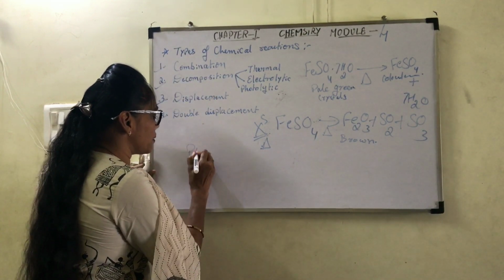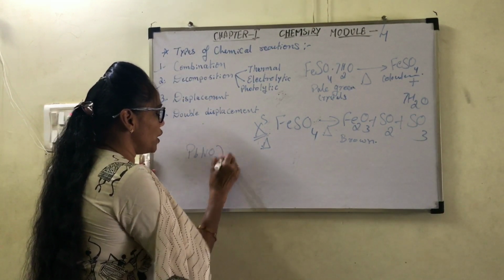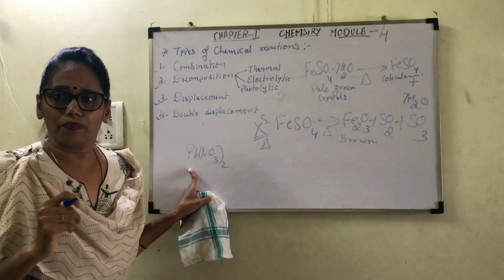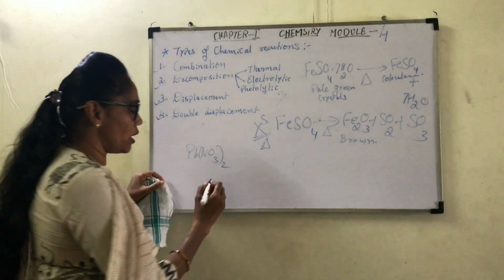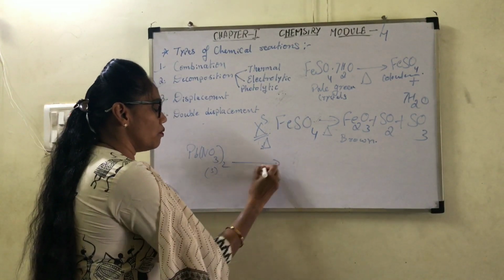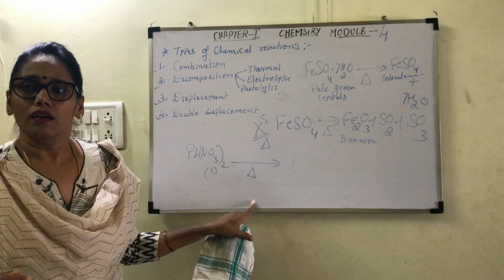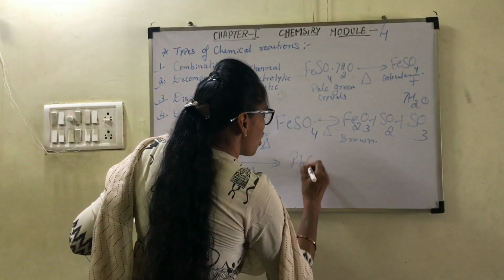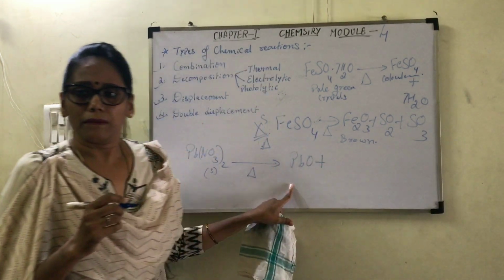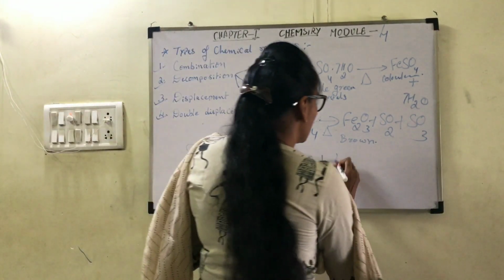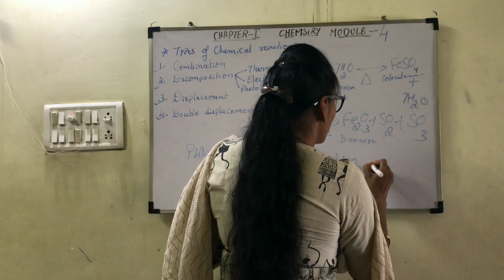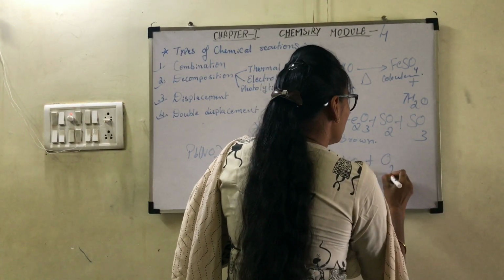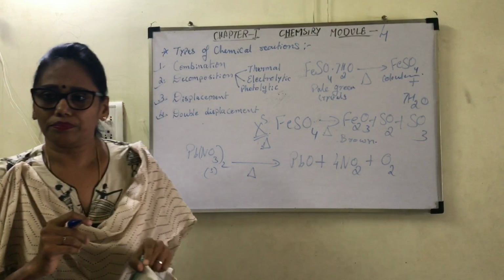Okay, we'll go with lead nitrate, Pb(NO3)2. What is this? Lead nitrate, which is a solid. When you heat it, thermal decomposition happens. It becomes lead oxide plus nitrogen dioxide plus oxygen.